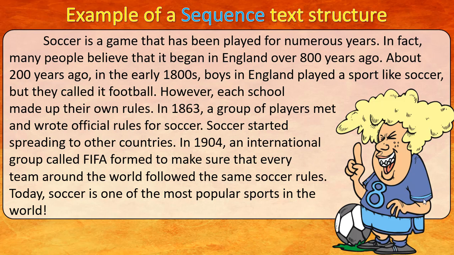In 1863, a group of players met and wrote official rules for soccer. Soccer started spreading to other countries. In 1904, an international group called the FIFA formed to make sure that every team around the world followed the same soccer rules. Today, soccer is one of the most popular sports in the world.